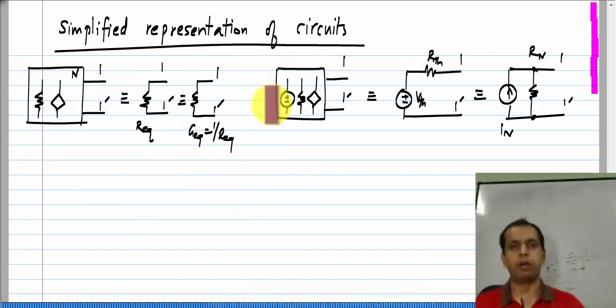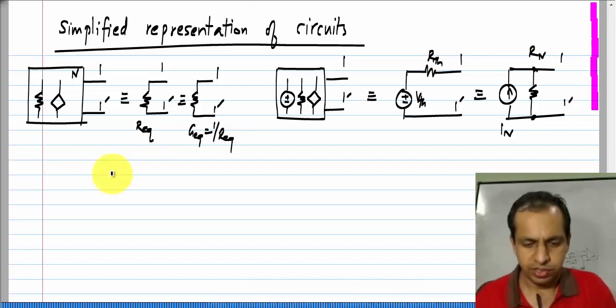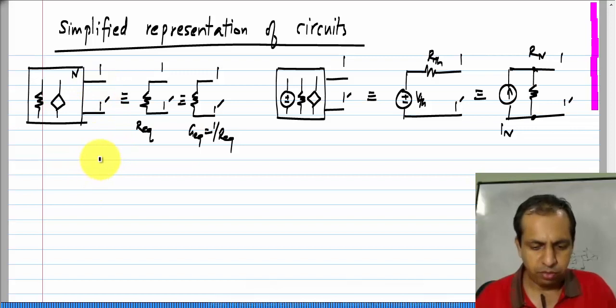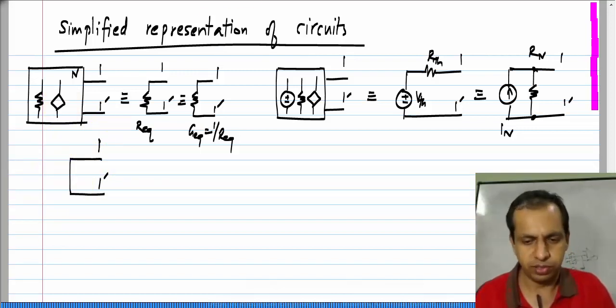Now, you may be wondering why so many alternatives are necessary. I will show you very simple examples where some of them are legitimately defined and the others are not. For instance, let us say that between 1 and 1 prime there is a short circuit. Inside the circuit, somehow it could be a direct short circuit or it could be emulated using control sources, whatever it is.